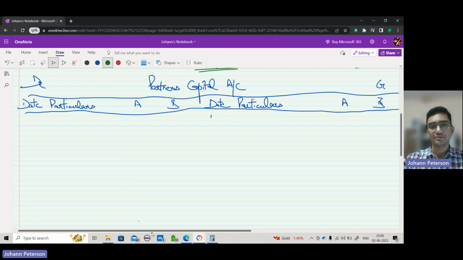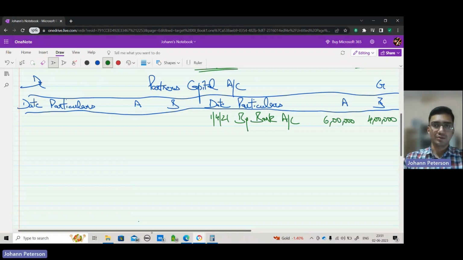So the date for this is 1st April 2021, by bank. You can either write cash also. And how much have they brought? This person has brought 6 lakh, and this person has brought 4 lakh.